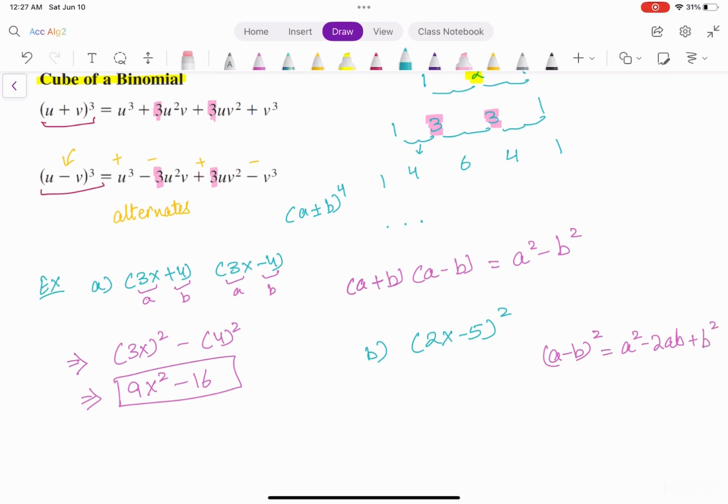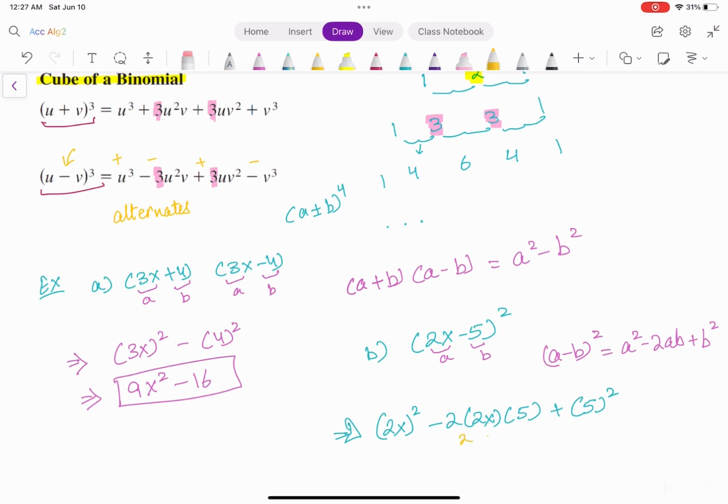So it will be positive, negative, and then positive again. Whenever we have a negative, it alternates, the same thing that happened with the cube of a binomial, right? So 2x everything squared, minus 2 times the first term, which is 2x, times the second term, which is 5, and then 5 squared.